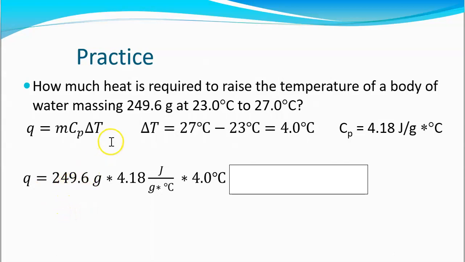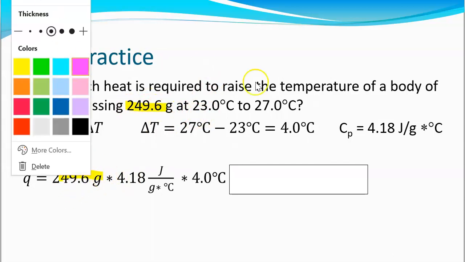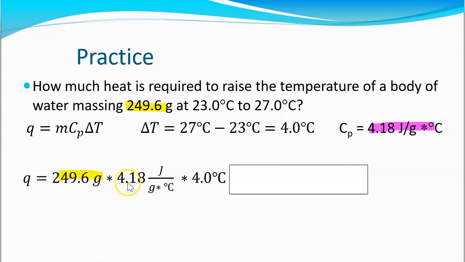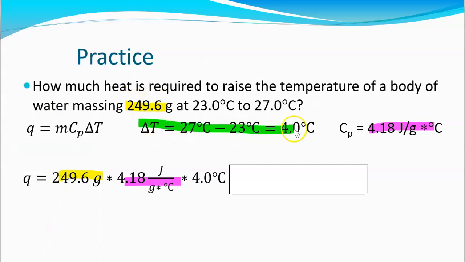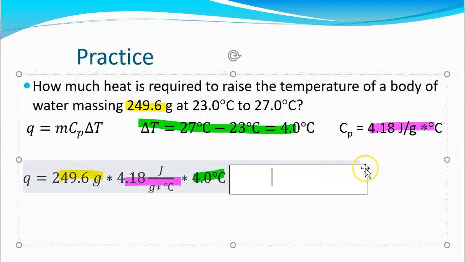So the mass is 249.6. The heat capacity, we looked that up on the last slide, 4.18. And the change in temperature, which I calculated, 4.0. And all I have to do is multiply these together and I'll get a number in joules.